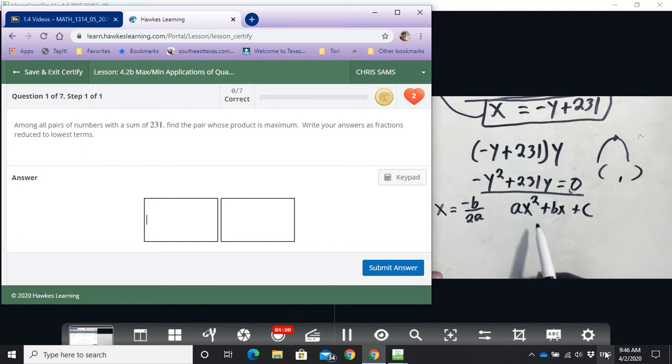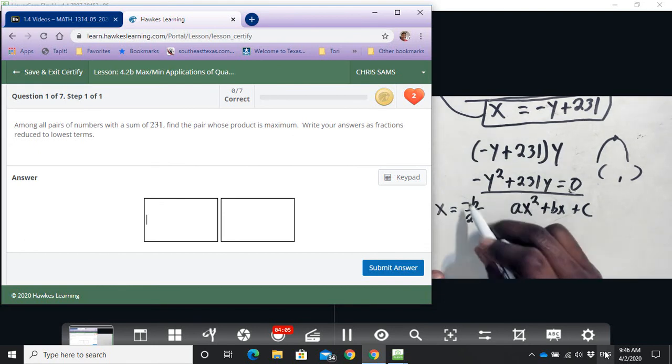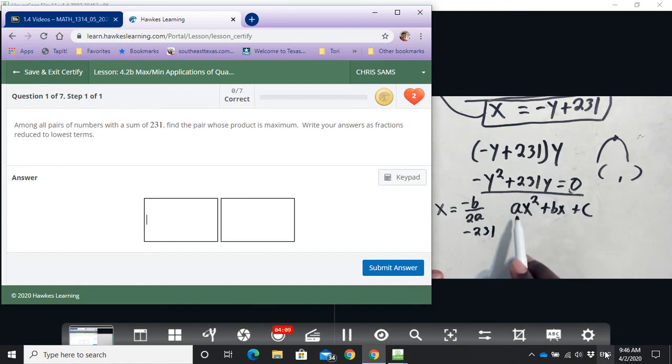Okay, so b is 231, negative, because here, negative 231 divided by 2a. A is negative 1, so divided by negative 2, because 2 times negative 1. And this will give me 115.5.